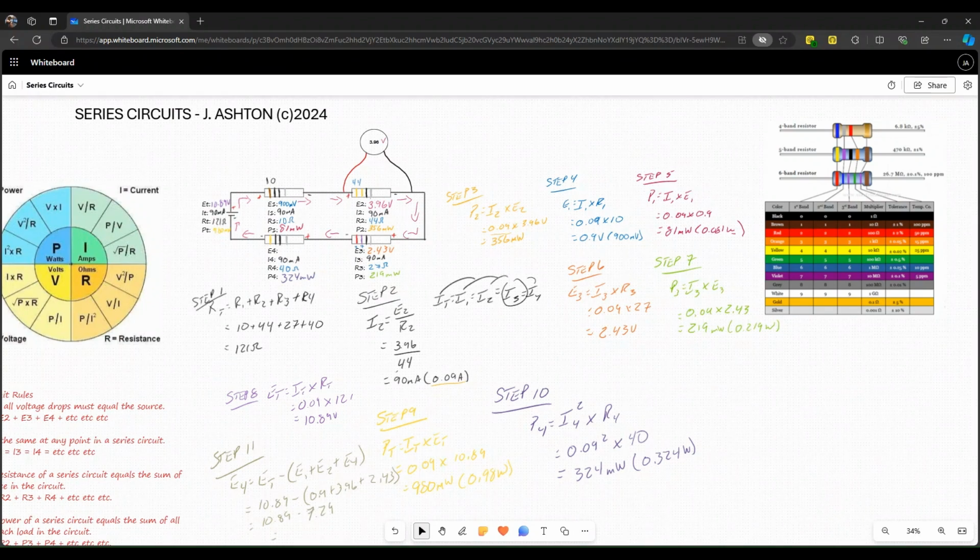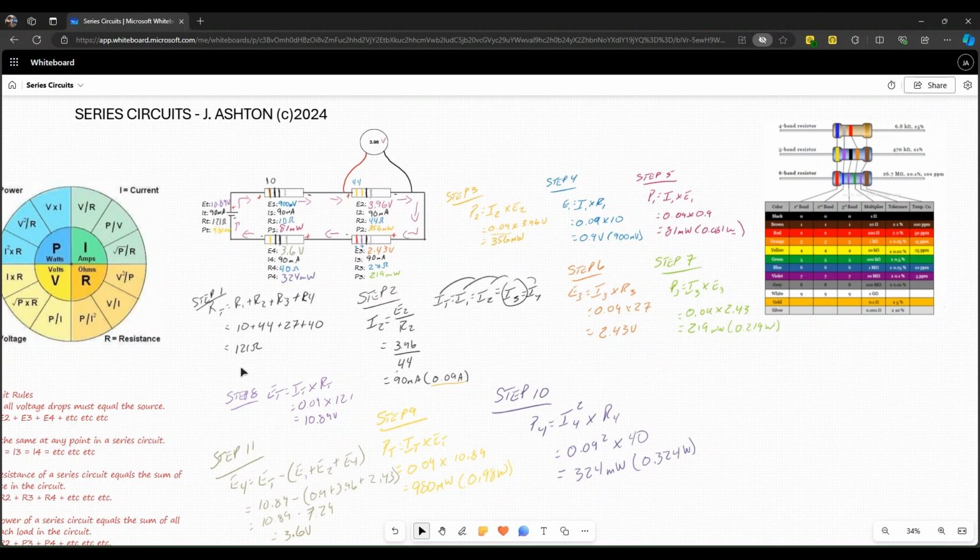So now 10.89 minus 7.29 equals 3.6 volts. Okay, 3.6 volts. We can verify that just by doing some Ohm's law. Let's do I times R. So 0.09 times 40 gives you 3.6 volts.